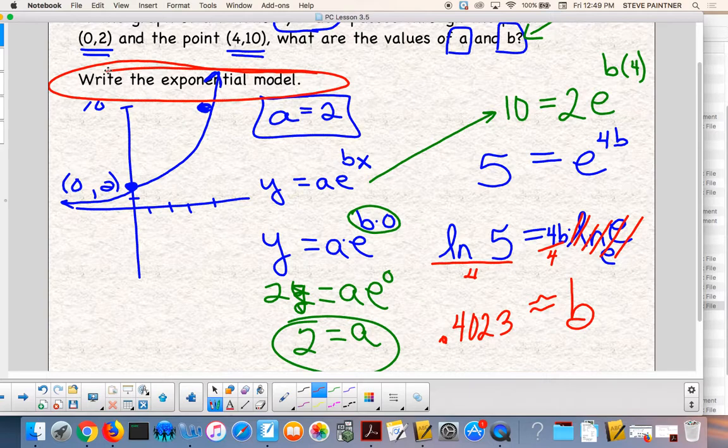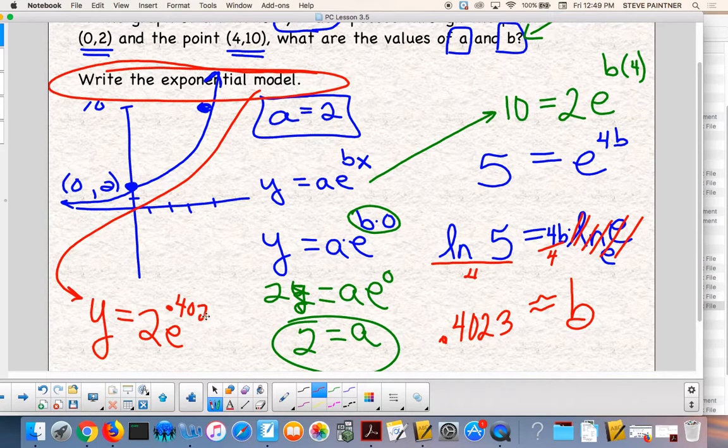You have an A value of that. So let's come down here. Where's the model? Y equals 2 for A times E to the B times X.